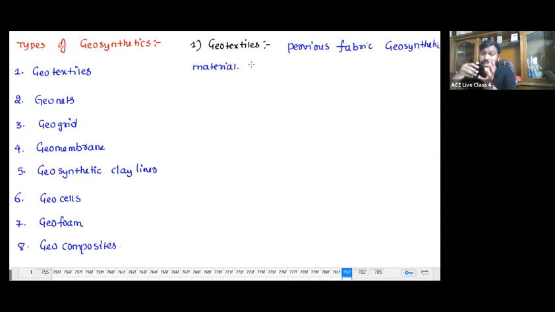Okay. So in the case of the geotextiles, there are two types. One is going to be woven and the other one is going to be non-woven.